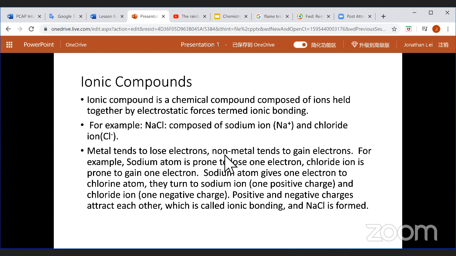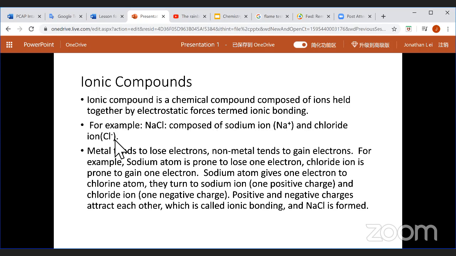Metal tends to lose electrons, non-metal tends to gain electrons. That's why sodium loses one electron, which makes it have one more proton than electron, so it has one positive charge.